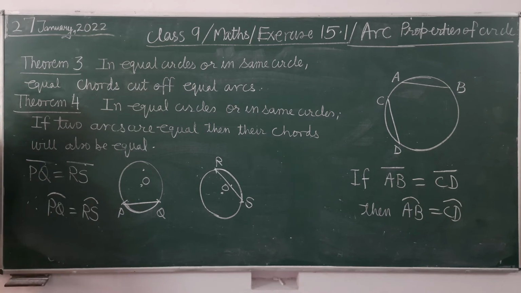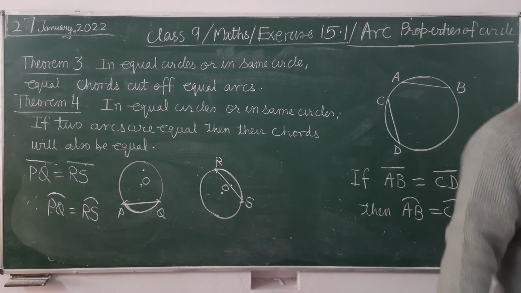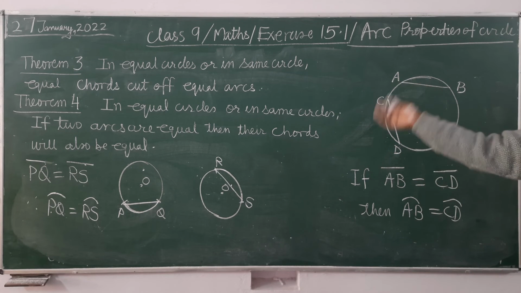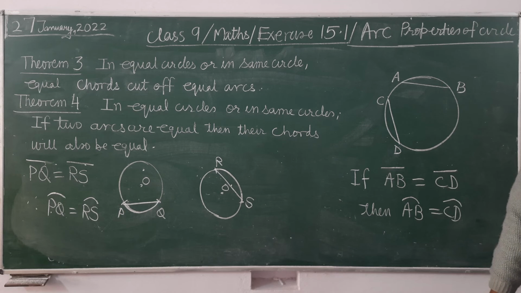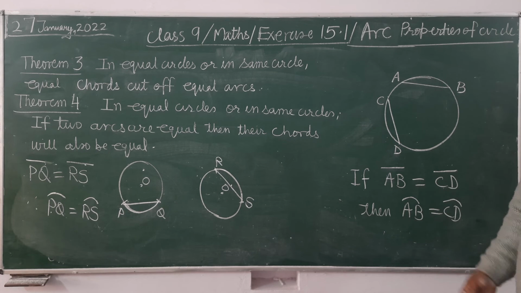So all of you remember that in equal circles or in the same circle, equal chords cut off equal arcs. If chords are equal, then their corresponding arcs will also be equal. Now theorem 4 is the reciprocal of this, the converse of this. If arcs are of equal length, then chords will also be of equal length. Suppose this is given, then chord AB will be equal to chord CD.